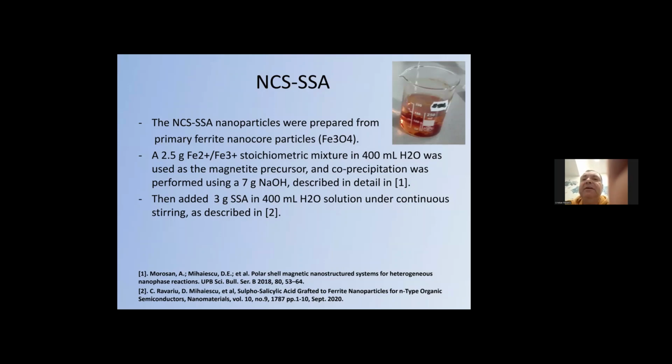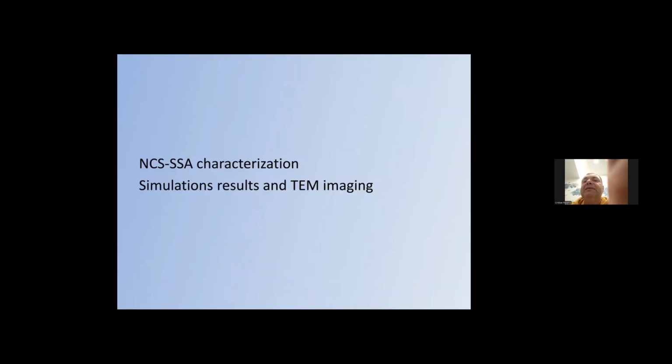Here is the chemical concentration of each substance you see in this slide, and the quantities and the succession of the chemical reactions were established by my collaborator, professor of organic chemistry, and you see here practically the prescription to obtain the materials. Then the SSA materials were characterized by simulations and by TEM imaging.